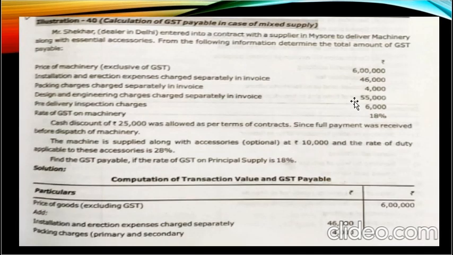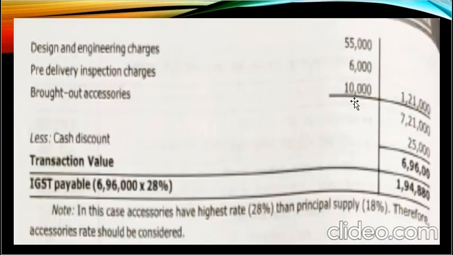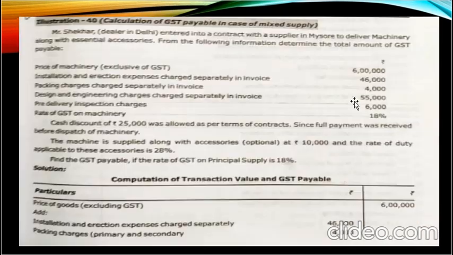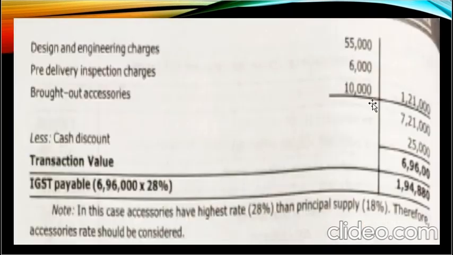Then the machine is supplied along with accessories of 10,000, so that 10,000 also will be added. If you add up everything, you will get 1,21,000.